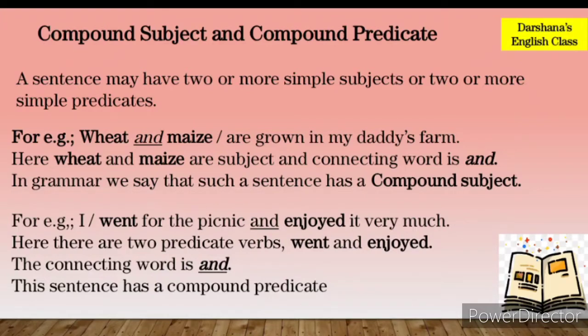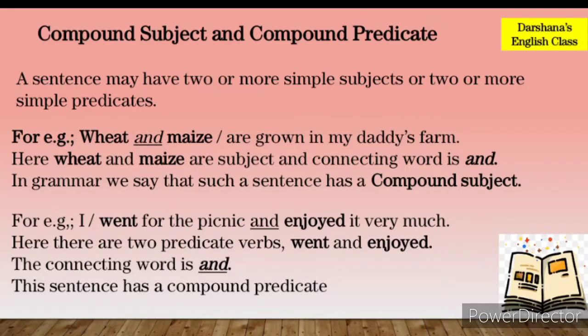Because in a sentence we can have two or more simple subjects or two or more simple predicates, and these are called compound subject and compound predicate. Don't get confused and don't get stressed. I've also jotted down an example to make you understand in an easier way.